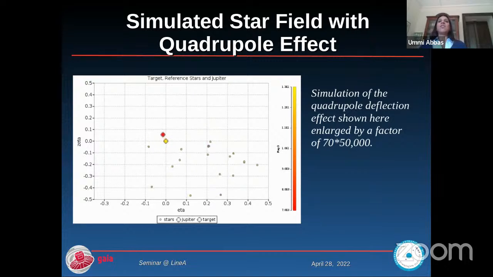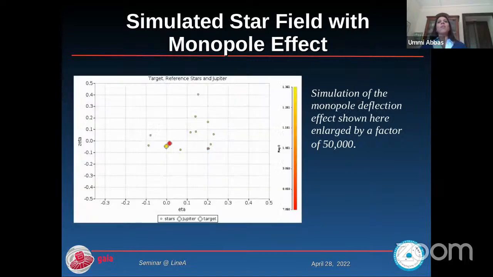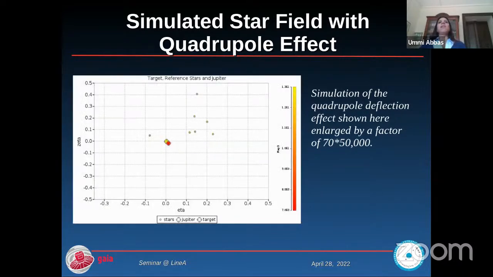So this is also an interesting effect. What you would see is actually the total deflection effect due to the monopole and the quadrupole. What one observes is the sum of these two effects, and this is what I meant by saying that we have to be able to disentangle the quadrupole deflection effect.